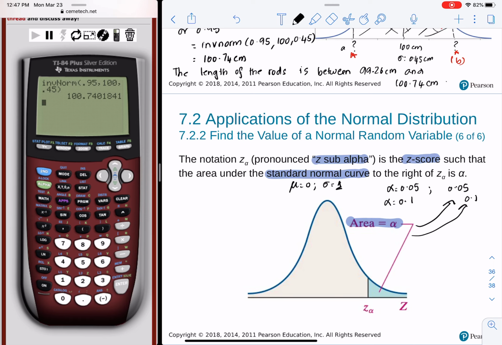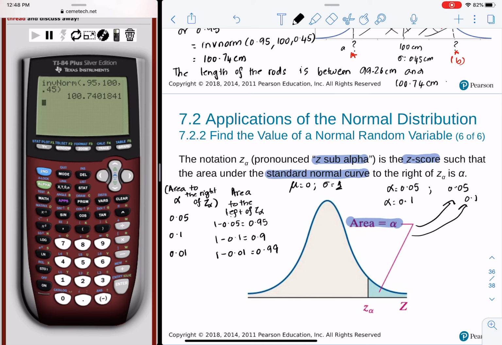If alpha is 0.1, then the area would be 0.1. And let's put alpha: 0.05, 0.1, and 0.01. So that is the area to the right. Then the area to the left of z sub alpha would be the complement of each of those values, which should be 1 minus 0.05, which is 0.95, 1 minus 0.1, you get 0.9, 1 minus 0.01, we get 0.99.